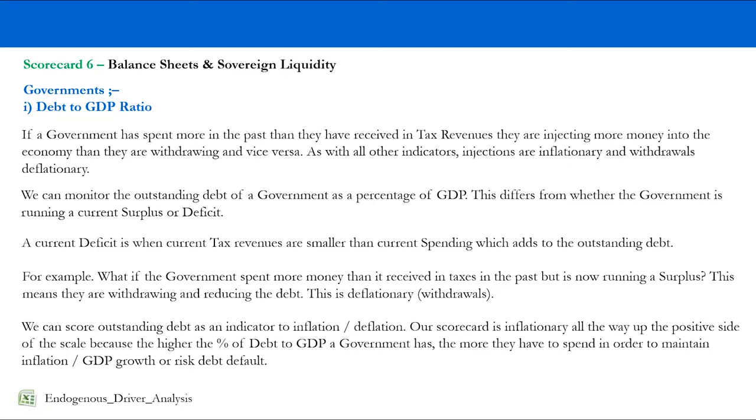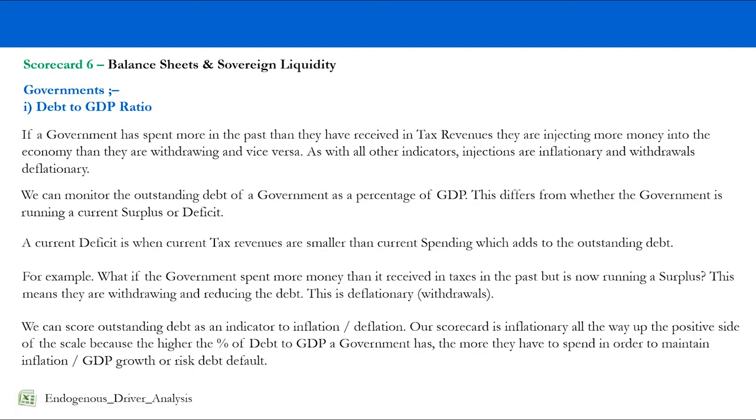For example, if the government spent more money than it received in taxes in the past, but is now running a surplus, well, this means they are withdrawing and reducing the debt, and this is deflationary. So a current surplus will actually reduce outstanding debt. So we have to look at these two things in isolation. And we can score outstanding debt as an indicator to inflation or deflation.